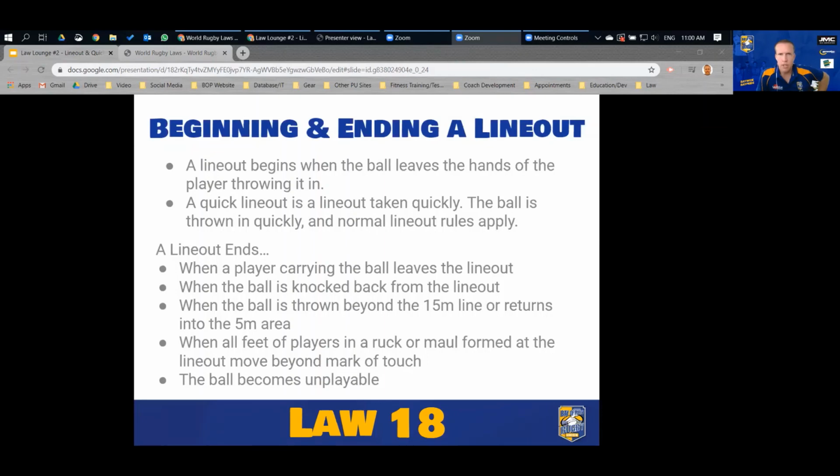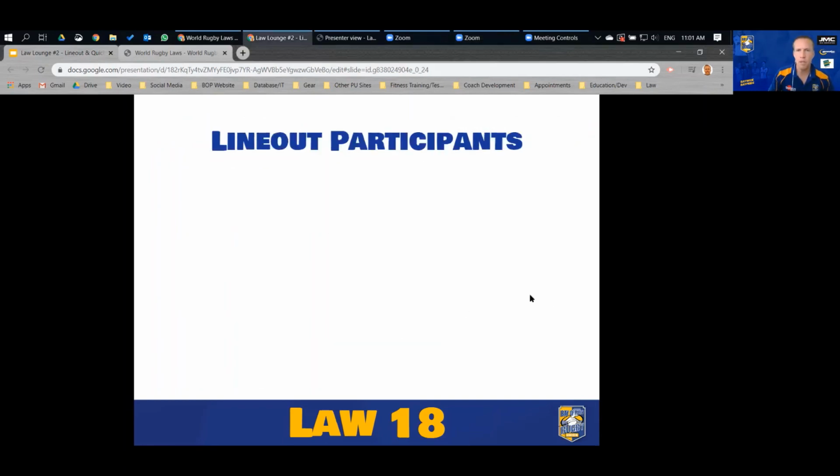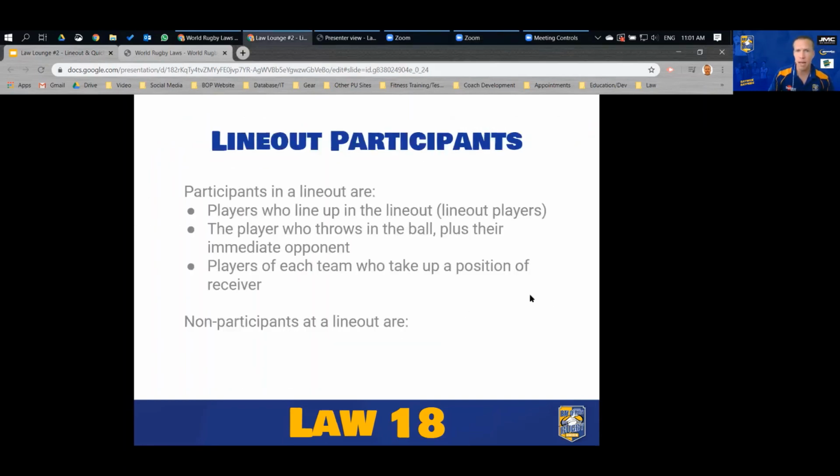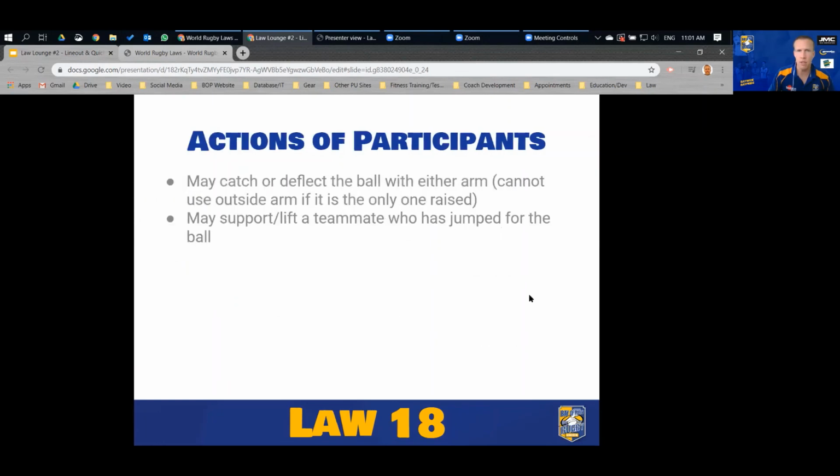One more thing, which I was probably going to talk about a bit more when I get to talking about the maul, but you see quite a lot of teams these days not engaging the opposition at the lineout when it comes to a maul. So I'm not going to go 100% into maul law right now, but if we just think about the lineout aspects of it.